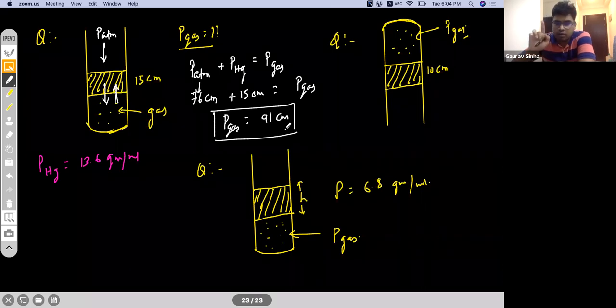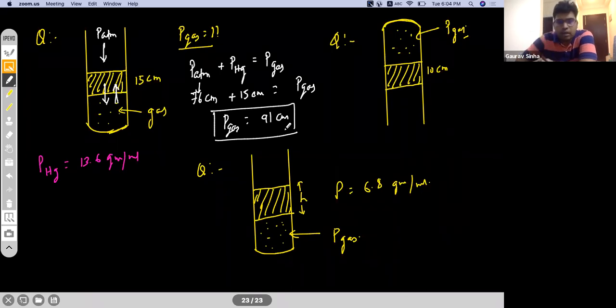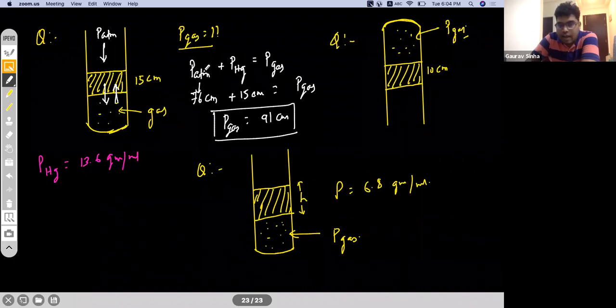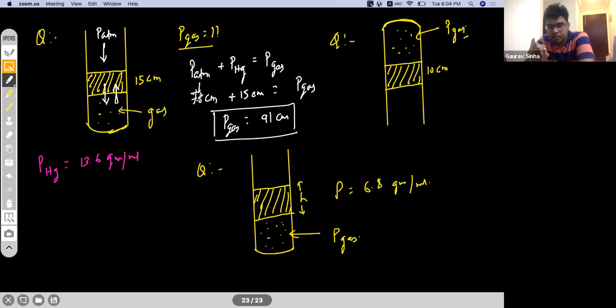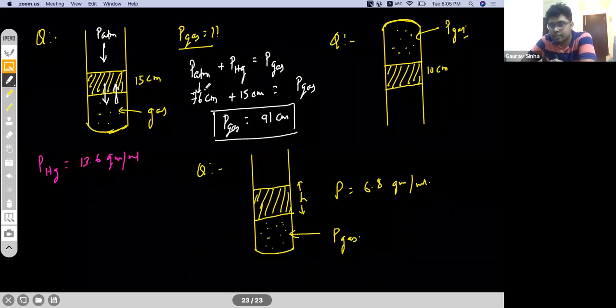Now, one more thing you try to understand very carefully. I have just added this P atm and P Hg, 76 plus 15, 91. Why? Because this column is mercury, and we know the atmospheric pressure is 76 centimeter of mercury only. Since the atmospheric pressure is defined with respect to mercury, whatever height of mercury column you have here, you can directly add with 76.